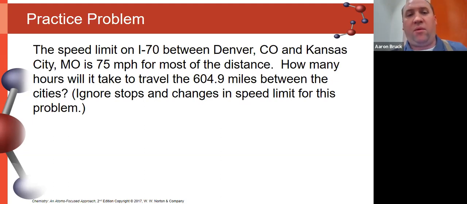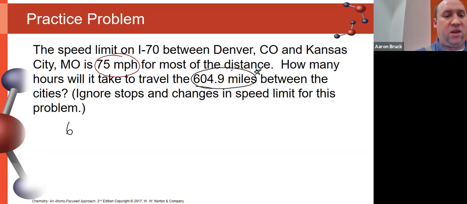Now, when you have problems like this, what you want to do is identify what is the measurement that I am trying to convert. You may initially think that it's the 75 miles an hour. After all, that is a measurement of speed. However, the real measurement that we're going after here isn't that one, but rather the 604.9 miles that you will have to travel. So that's where we start.